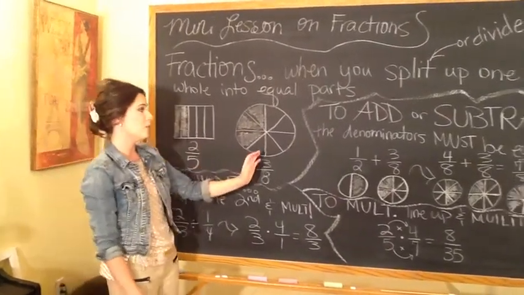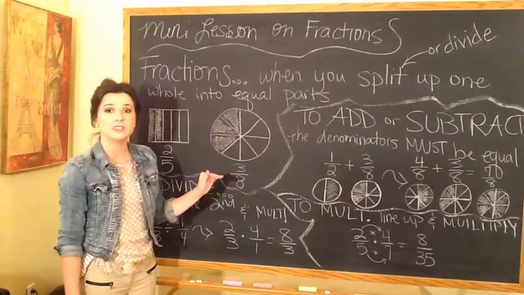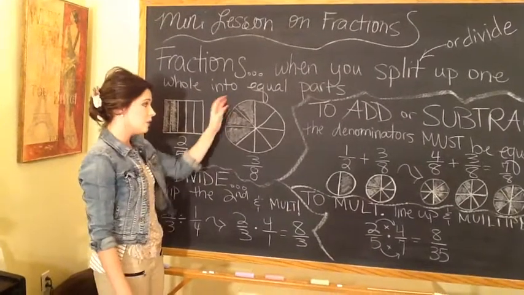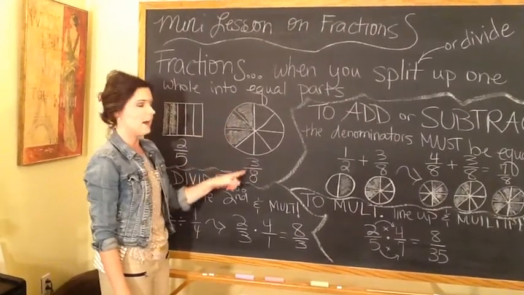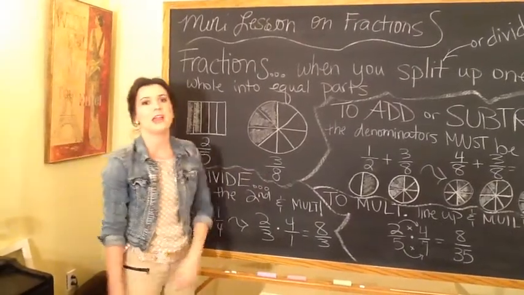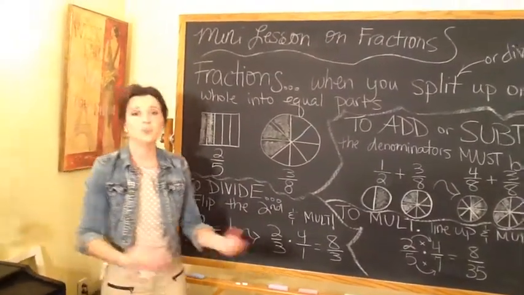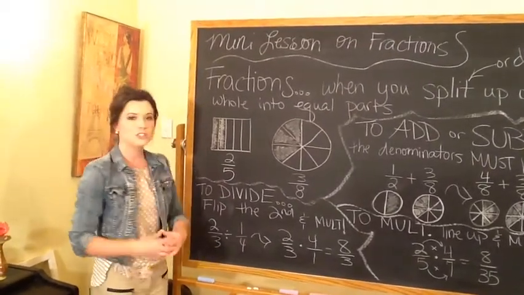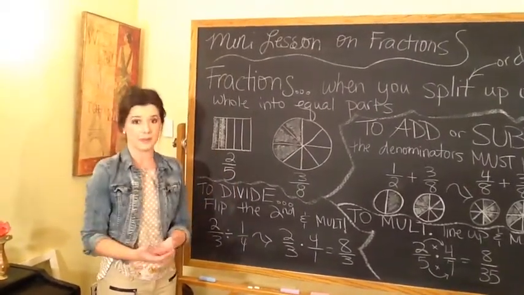For this example, we have a circle cut up into 8 equal parts, and I only shaded 3 out of the 8. So this is like 2 out of the 5, 3 out of the 8, 10 people out of 20 in the class. Anything like that is talking about a fraction of something. It's just a little part of a whole thing.